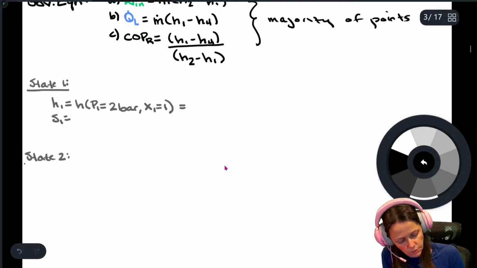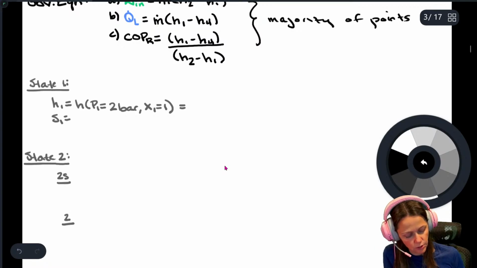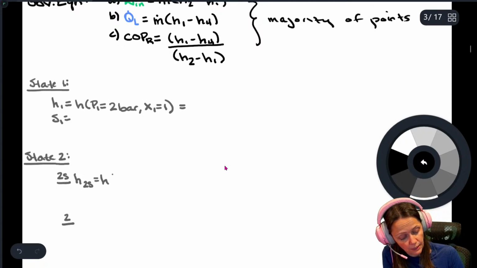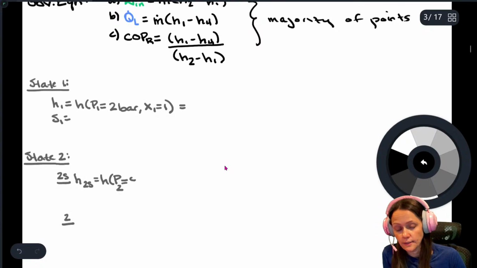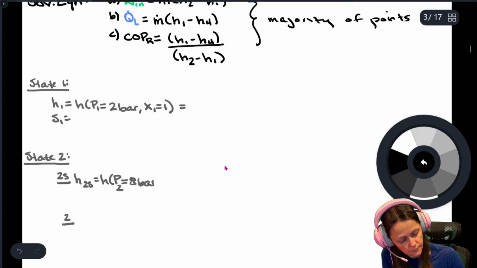State 2. State 2, you're going to have a state 2s, and then you'll have a state 2. So your state 2s is going to be where your entropy at 8 bar has an entropy, state 2s and state 1 is the same.